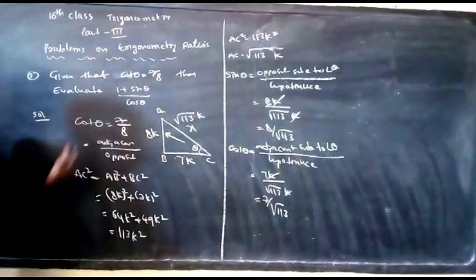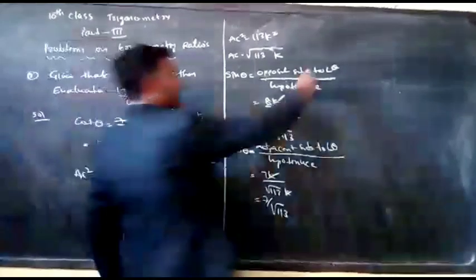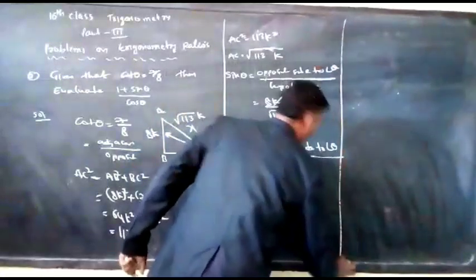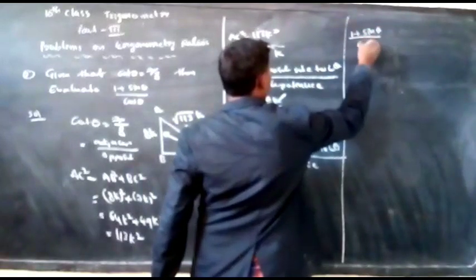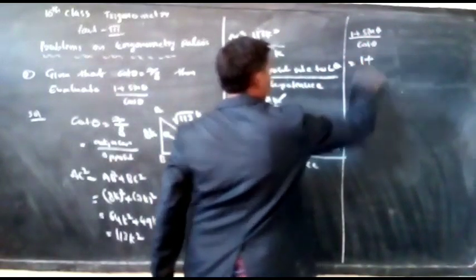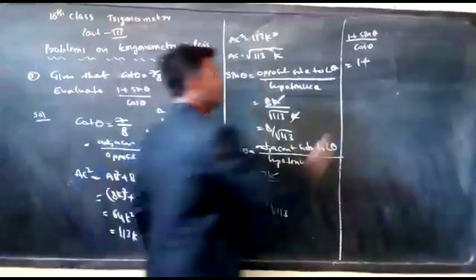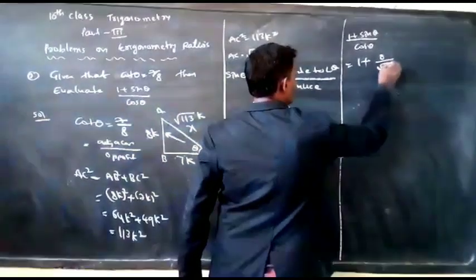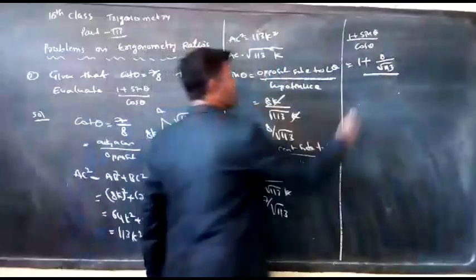Now I need the value of 1 plus sin theta by cos theta. 1 plus, what is the value of sin theta? 8 by root 113. And what about cos theta? 7 by root 113.